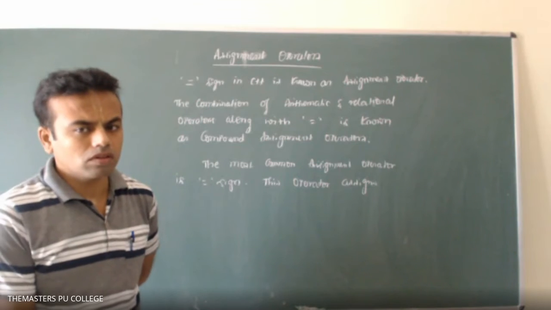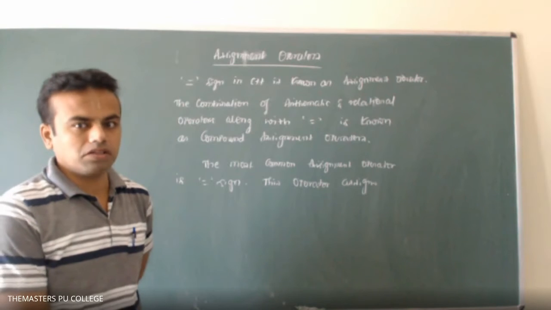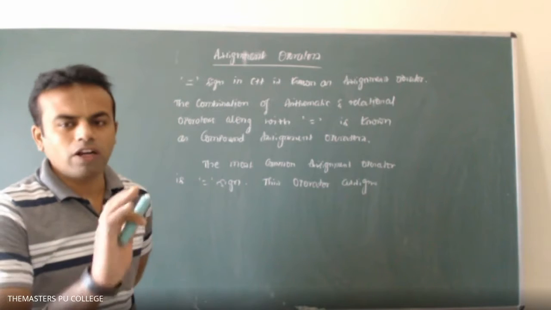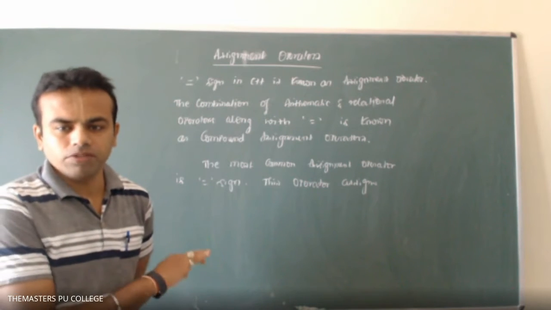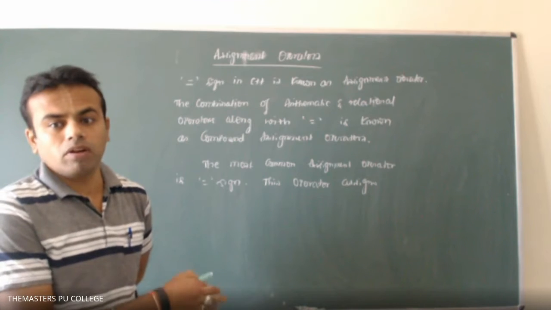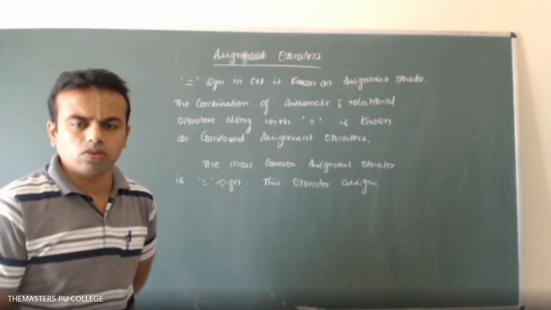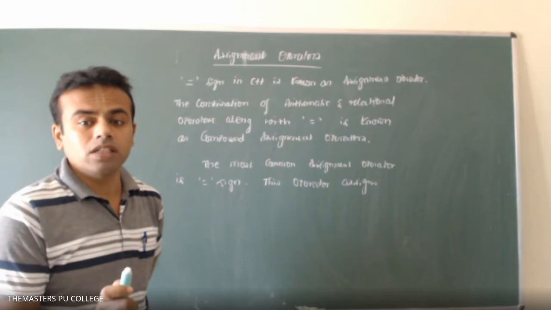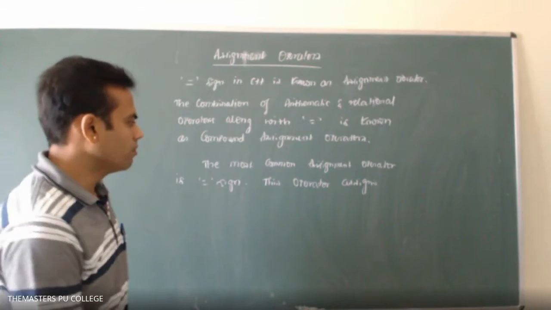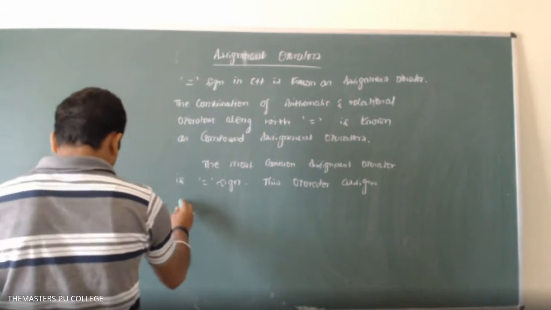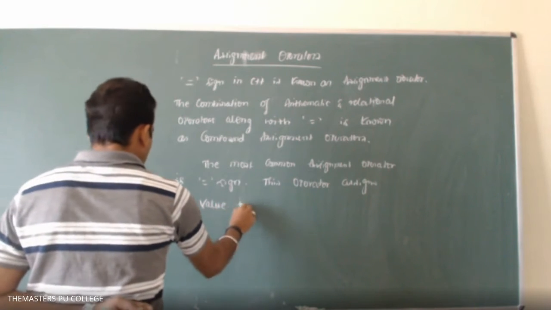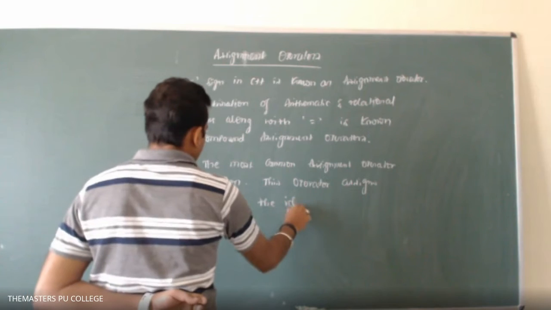First of all, it assigns a value to the identifier. The identifier may be a variable or a constant, whatever. It is also used to store the result of an operation, but first of all it assigns the value to the identifier.